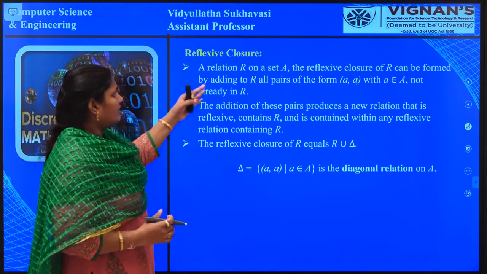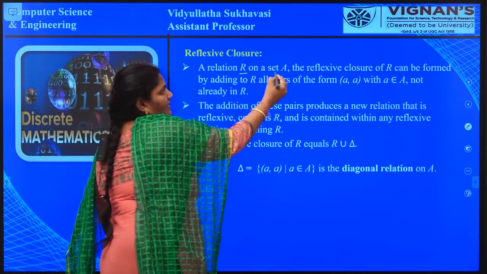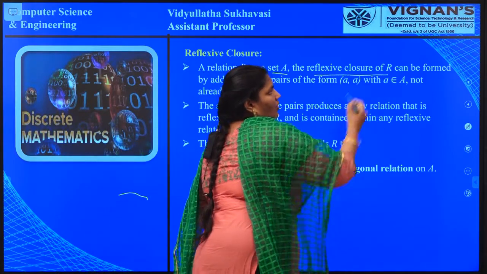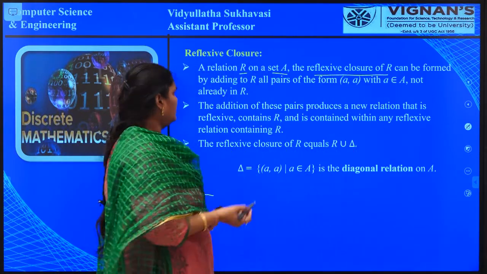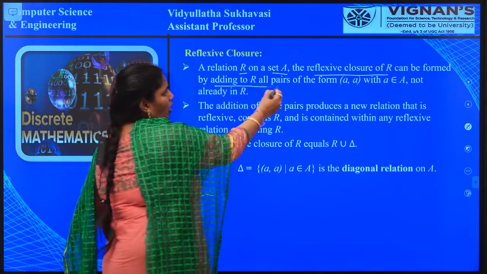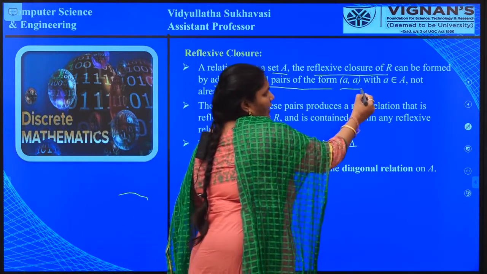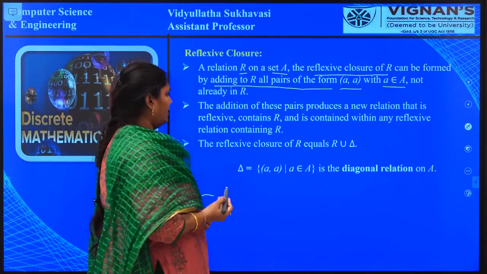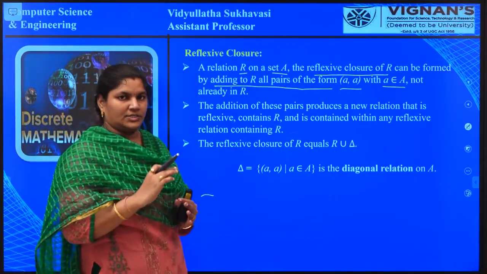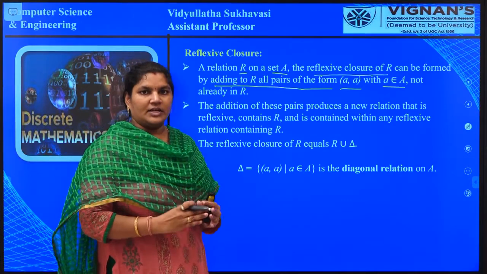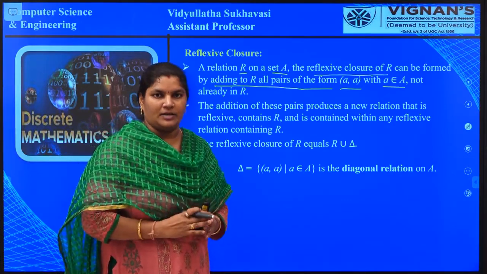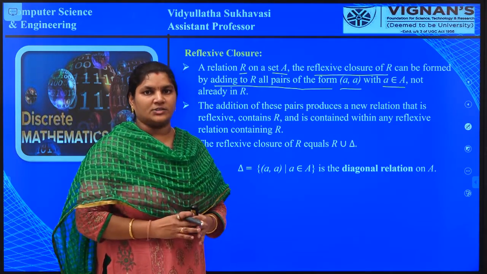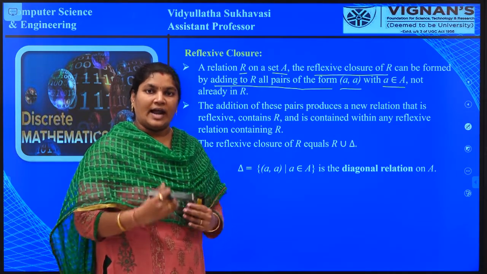A relation R on a set A has a reflexive closure obtained by adding to R all pairs of the form (a, a) where a belongs to set A. First we need to check whether the given relation R satisfies the reflexive property. If it is satisfying, okay. If it is not satisfying, we need to add the pairs.